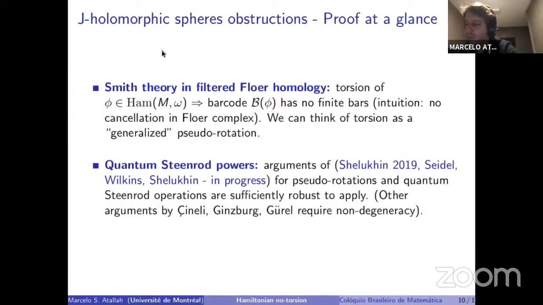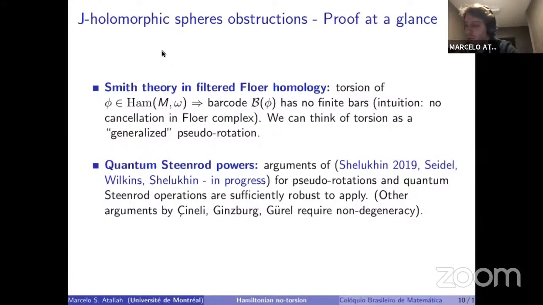Intuitively speaking, what that means is that the Floer complex associated to the Hamiltonian diffeomorphism has no cancellation. And this allows us to think of Hamiltonian torsion as a generalized pseudo-rotation. A pseudo-rotation one can think of as a strong counterexample to the Conley conjecture, in the sense that it has the minimal amount of fixed points required by Arnold's conjecture.